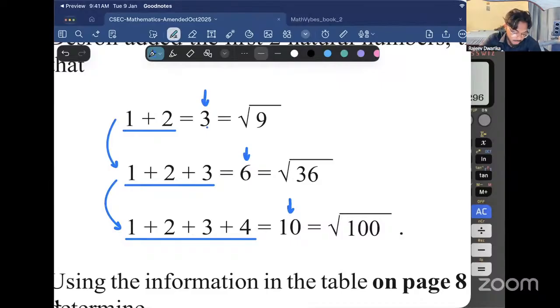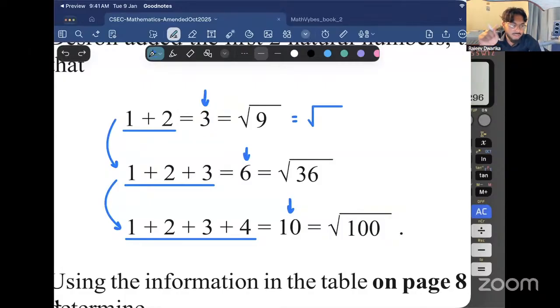Now, 3 is the same thing as the square root of 9. I want you to understand that the square root of 9 is the same thing as the square root of what? If I'm talking about this number over here, what would I do with that number? 3 times 3. You're not wrong.